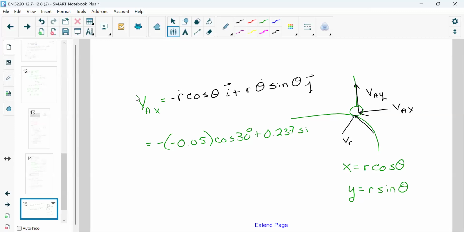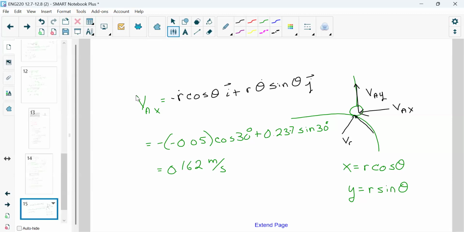Sine of 30 degrees. Making sure that makes sense. All right. So we end up with 0.162 meters per second.